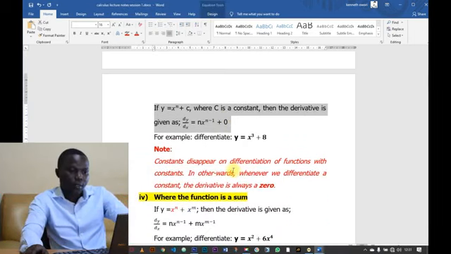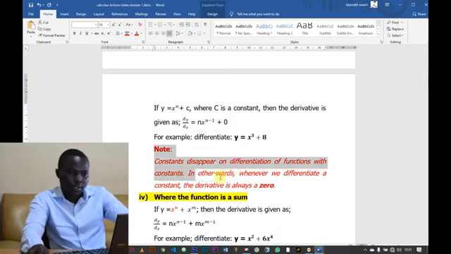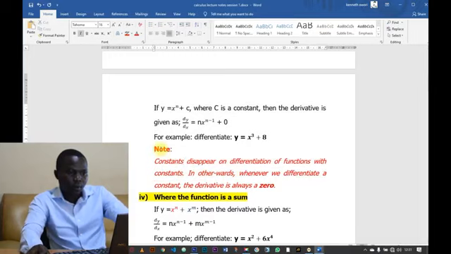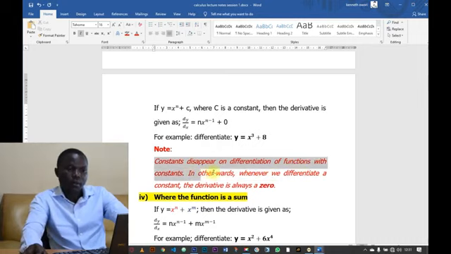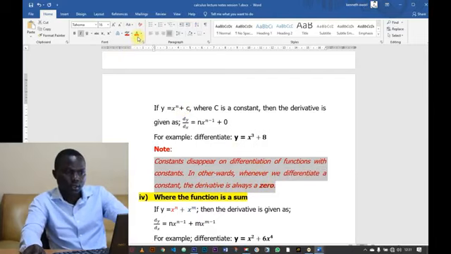As you can observe, we have a note here that says constants disappear on differentiation of functions with constants. In other words, whenever we differentiate a constant, the derivative is always a 0, as you can observe from that statement.